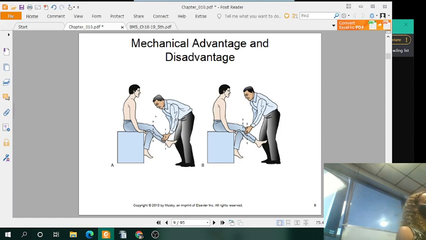Third class levers, the effort is applied between the load and the fulcrum, and most of the body operates with the third class system for that reason. So 2 is the most uncommon, 3 is the most common in humans.